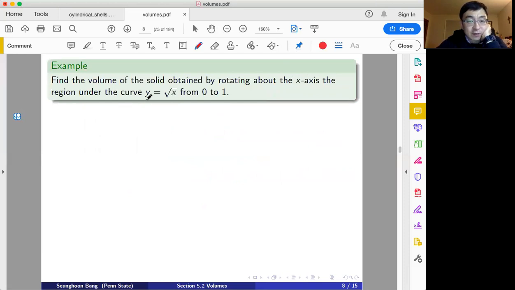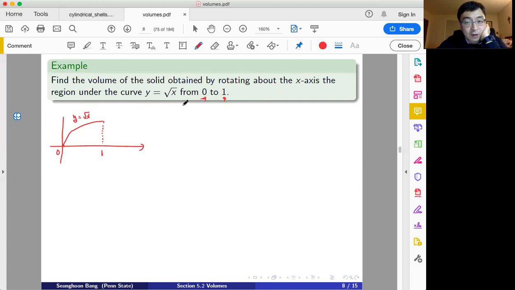You can sketch the graph y equals square root of x. Y equals square root of x is from here. The graph is like this from 0 to 1. Just 0 to 1. This is y equals square root of x.